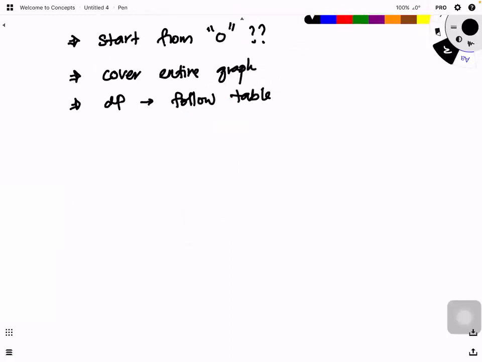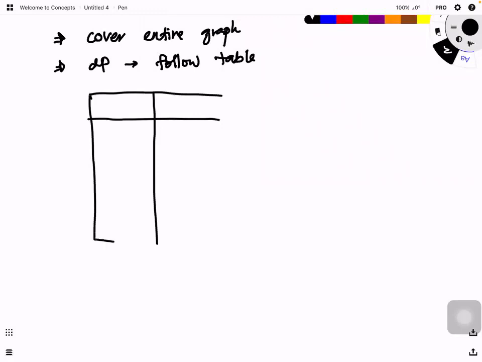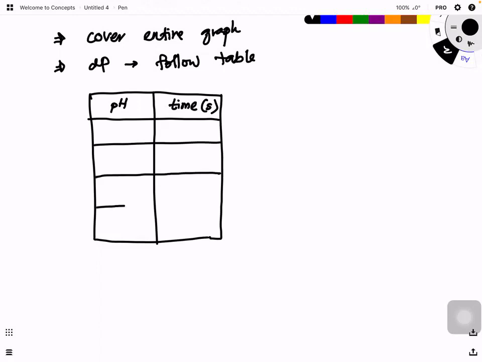First of all, let's say I give you this data. pH, for example, and this is the time taken in seconds.